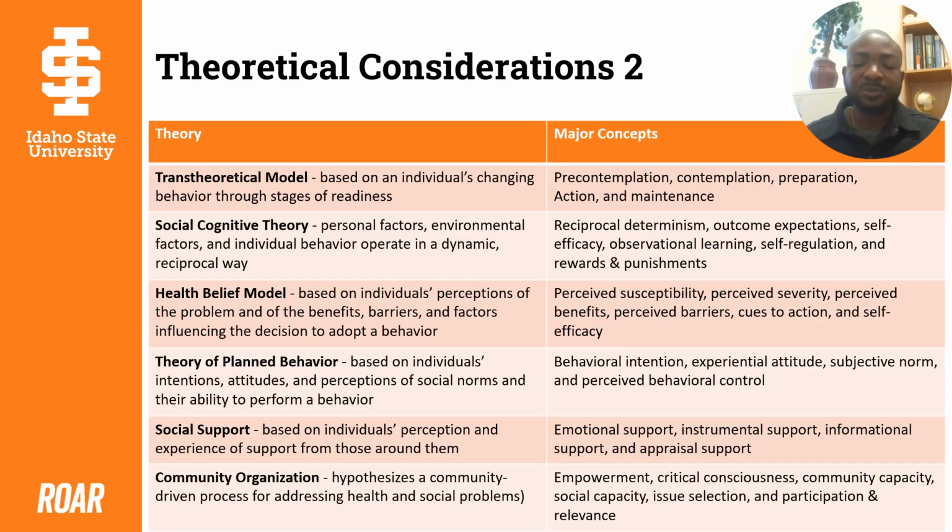So this table provides an overview of the major concepts from the models we have just listed. And other theoretical frameworks have been used in public health, such as the Anderson model, which explains people's utilization of health.